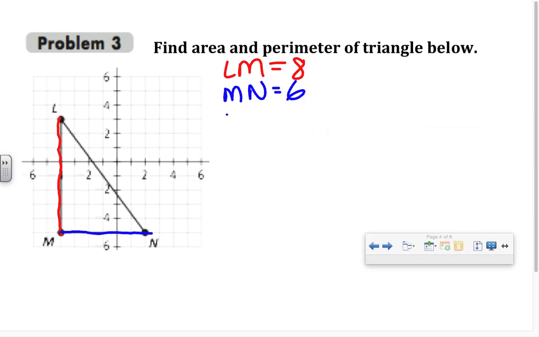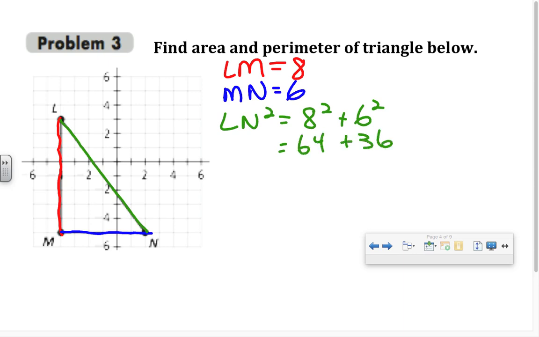So LN squared is going to equal 8 squared plus 6 squared. 8 squared is 64, 6 squared is 36, so LN squared equals 100, and when I take the square root of both sides, LN is 10.